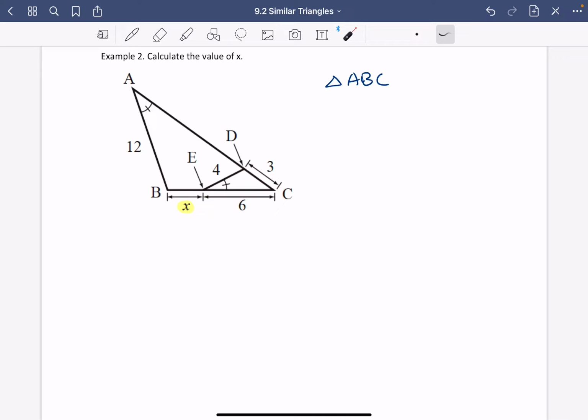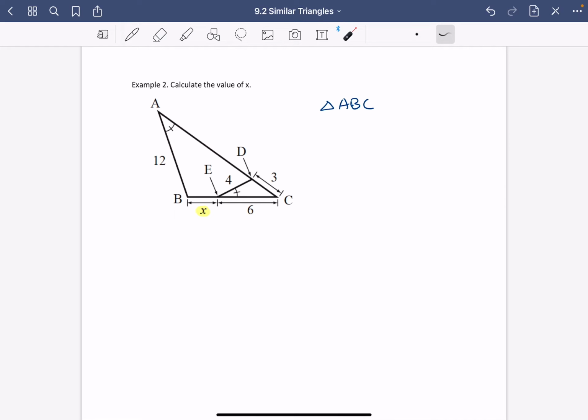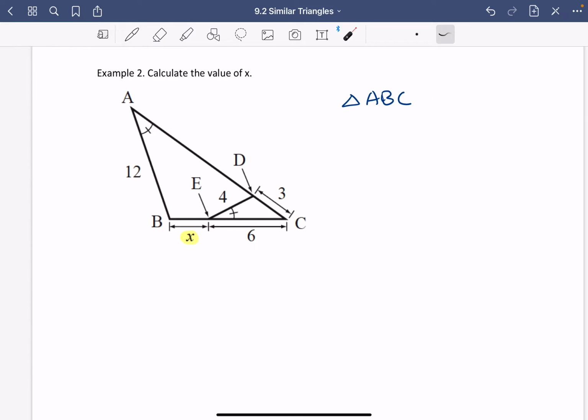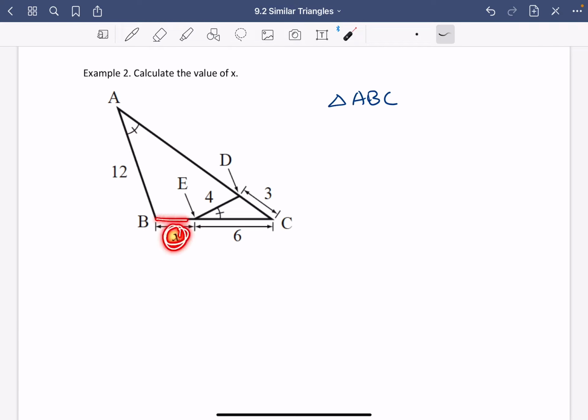Okay, let's see if they are similar, because in order to find x, we'll need to find this side first, and use this side to subtract 6, and we'll get x. But in order to find this side, it's not a right angle triangle. We cannot use the Pythagorean theorem. So I will have to check whether they are similar or not.